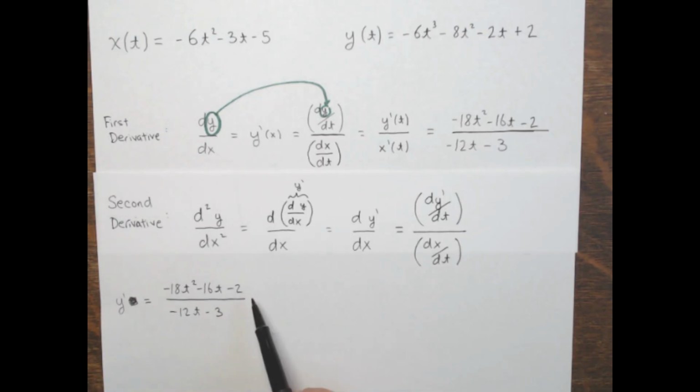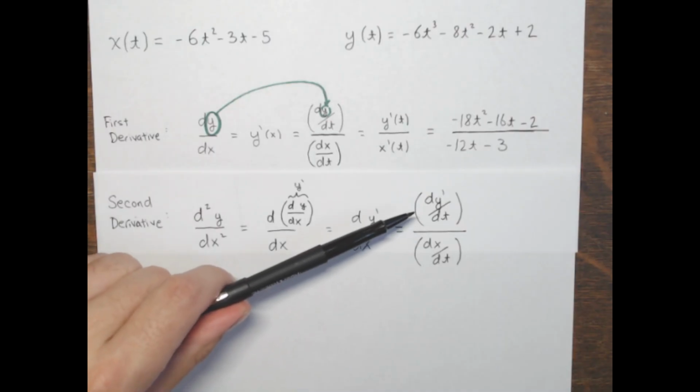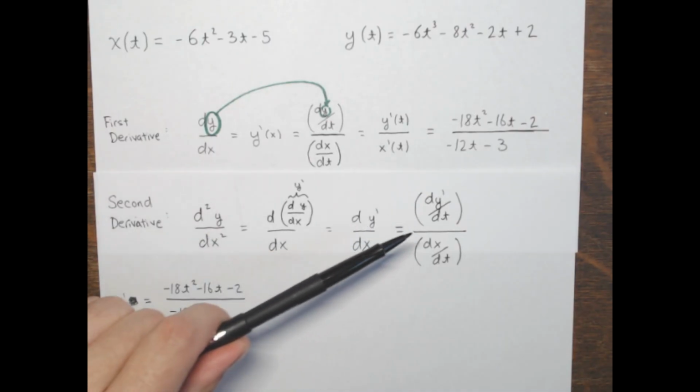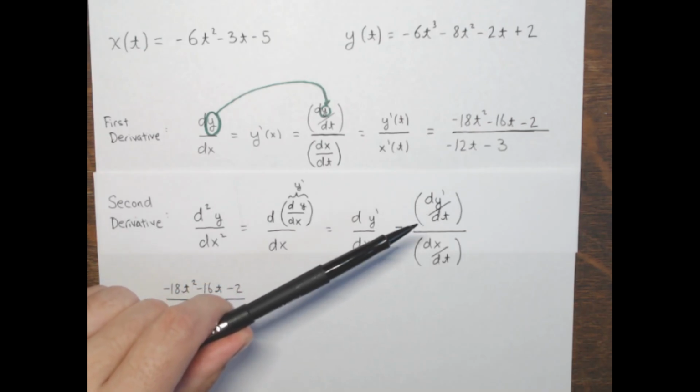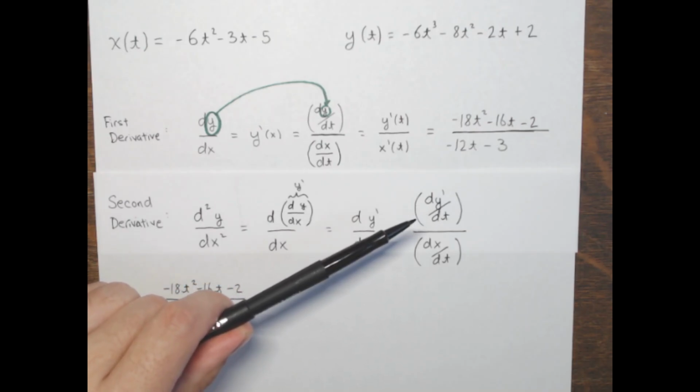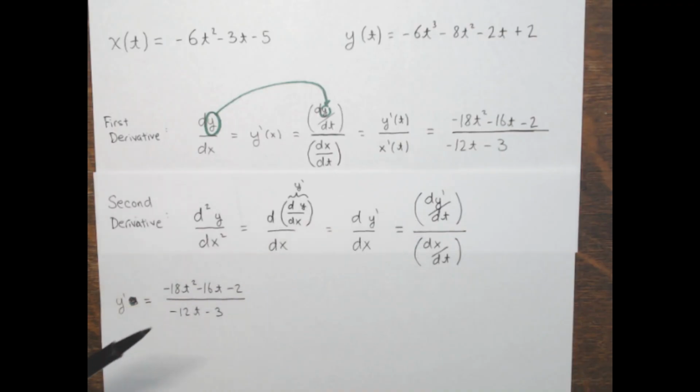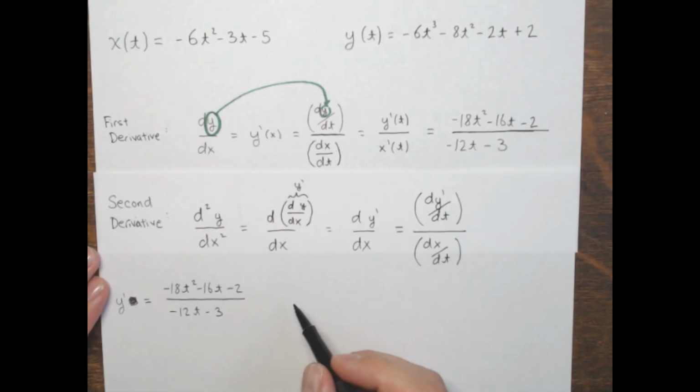It is a quotient, right? A fraction. So when I find the numerator of my second derivative expression here, this dy prime over dt, I'm going to be applying the quotient rule to this. All right, so it's a little bit hairy here. Now, hopefully you apply the quotient rule.